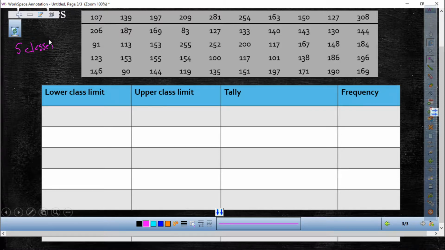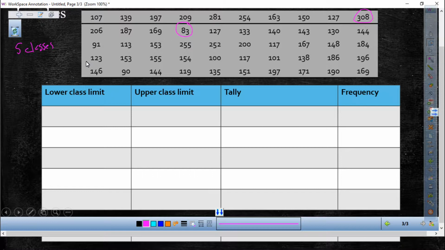5 classes, all right? So step 2, the class width. We need to find the largest number, and maybe 308 here is it. Maybe 308. You see anything bigger than 308? And then the smallest, I'm thinking it's going to be 83.